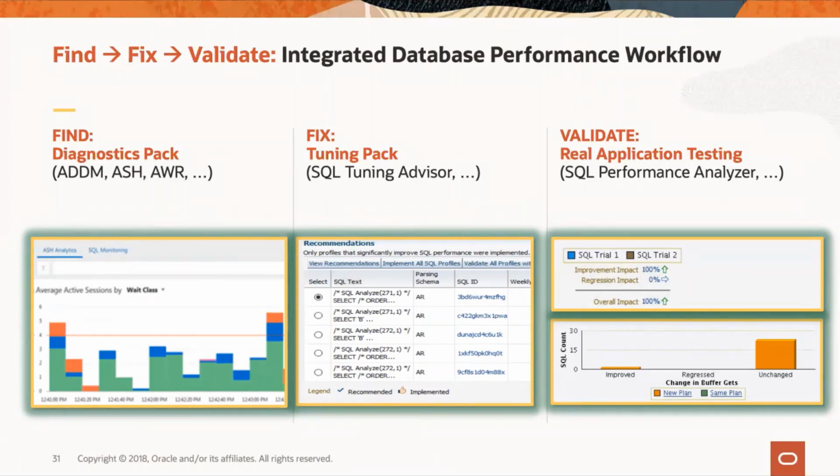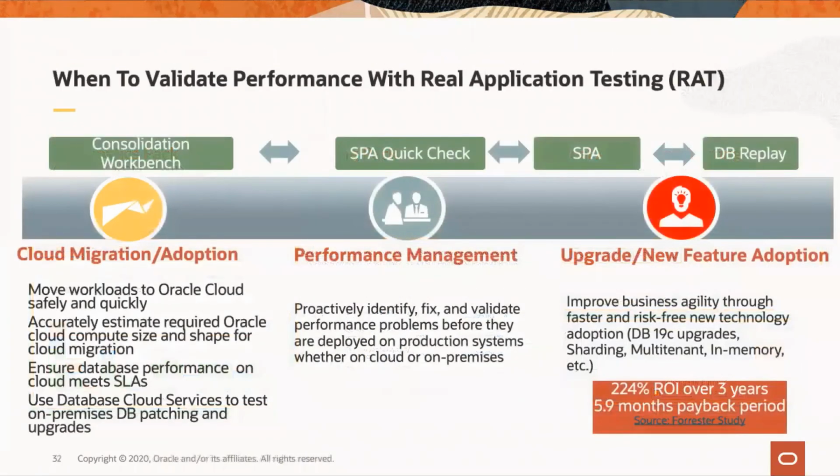So the beauty, again, of Enterprise Manager is that all these pieces are integrated together, enabling DBAs to seamlessly go through their workflow, whether it's finding problems, fixing them, validating them, pushing them to production, and making sure everything works well. So that's great. And next, in summary, when do you want to use validation performance with real application testing?